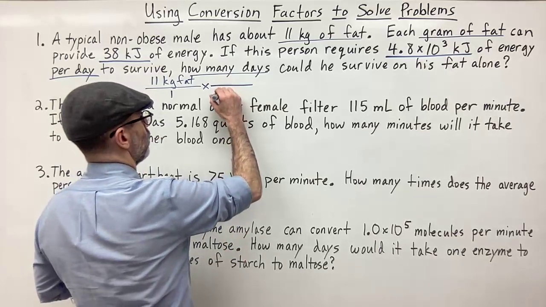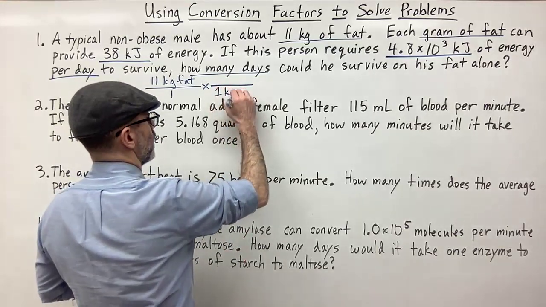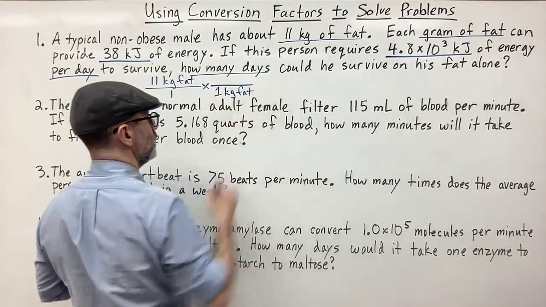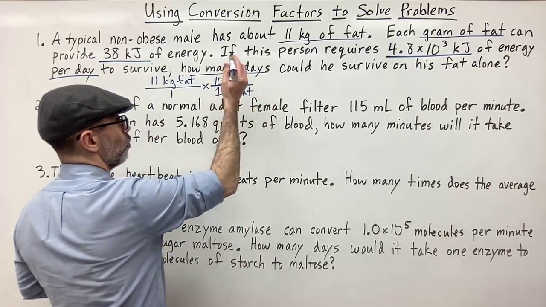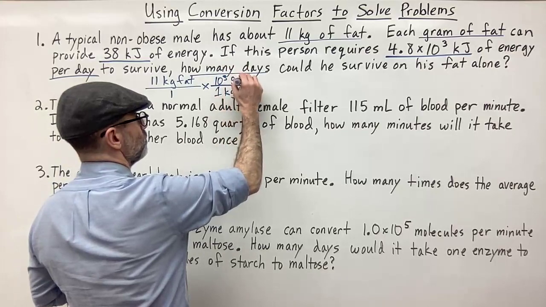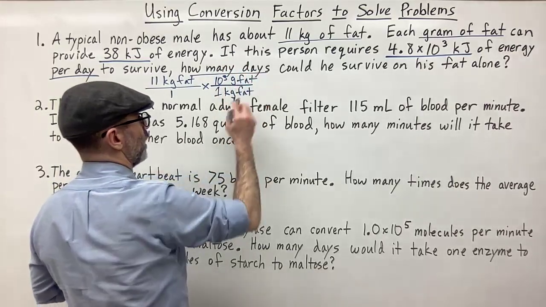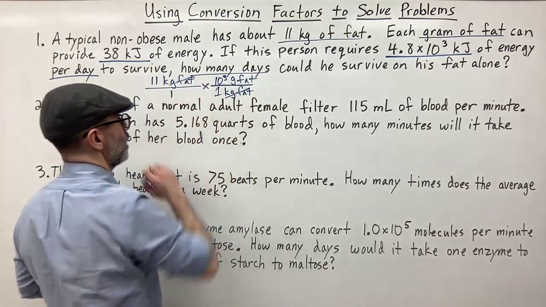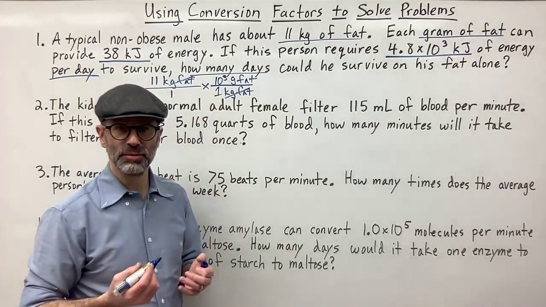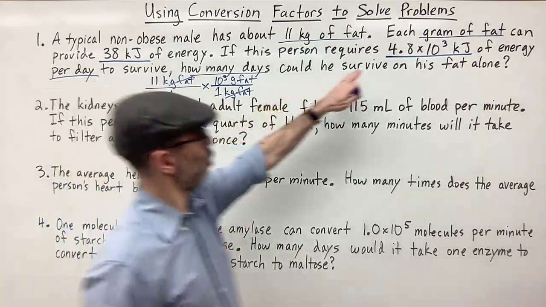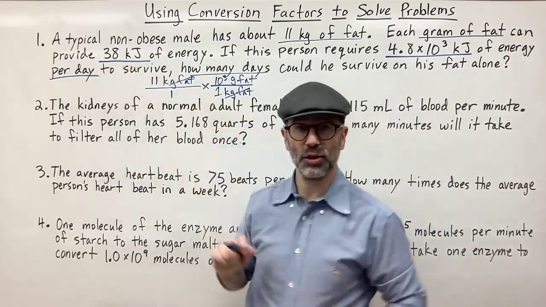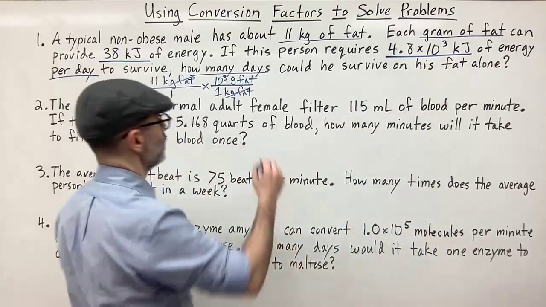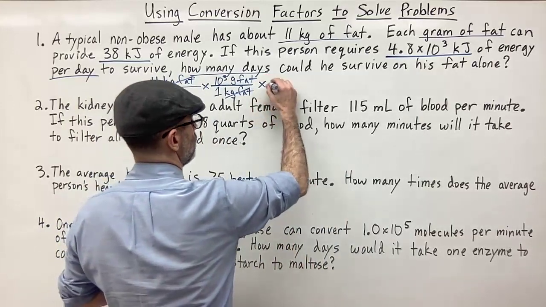So I'm going to put 1 kilogram of fat on the bottom, and then 10 to the third, or 1,000 grams of fat on top. So kilograms cancels out. Now I have grams of fat. So now I can use the 1 gram of fat is equal to 38 kilojoules of energy. So we could set up that conversion factor.